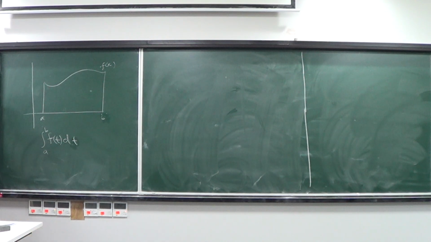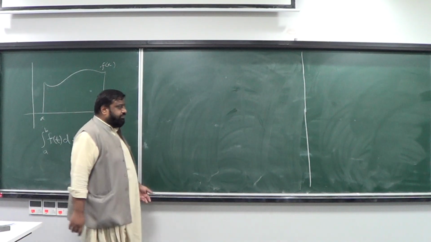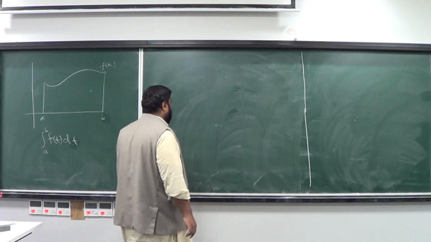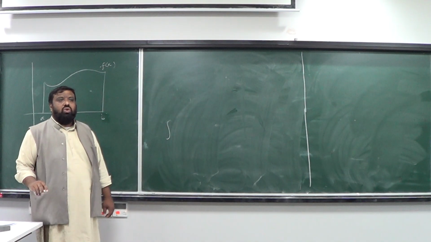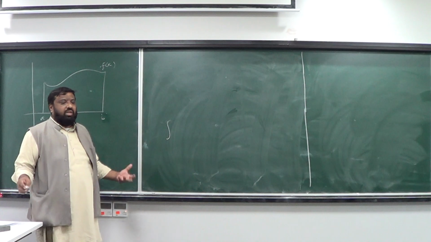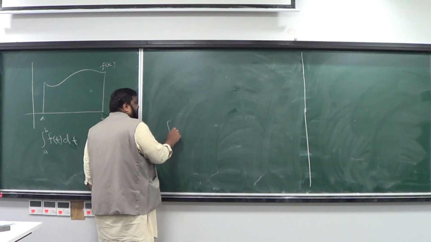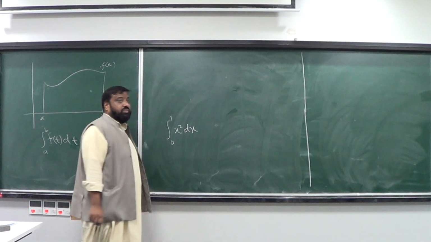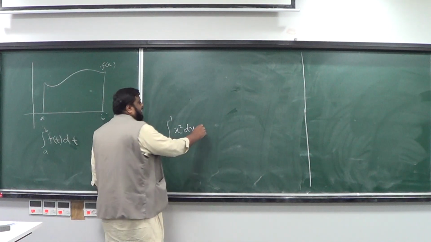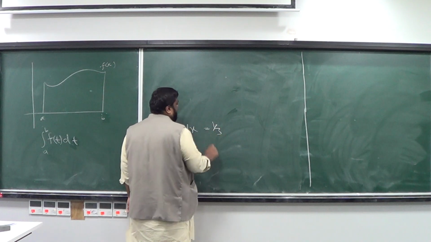Okay, f of t dt. By the way, when you are computing definite integrals, there is no difference if you change the variable. In other words, if you are computing x square dx between 0 to 1, I know that its answer is going to be 1/3.